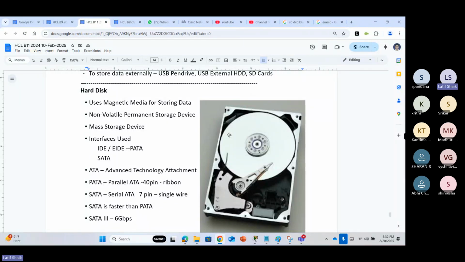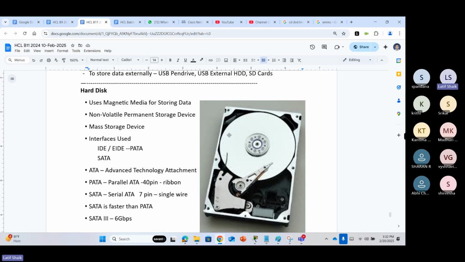The platter stores the actual data. The platter rotates with the support of a backend spindle motor.